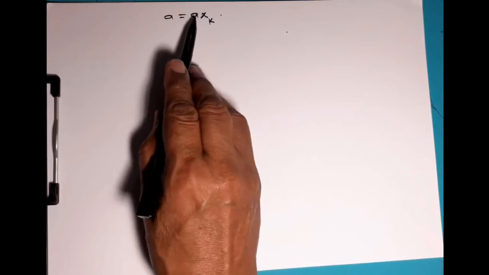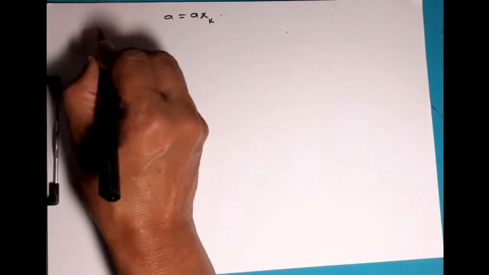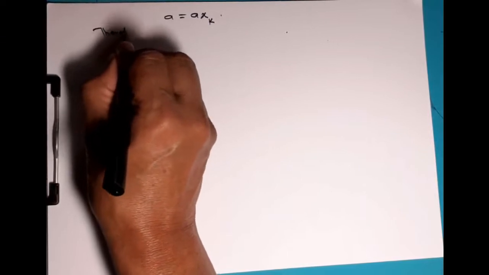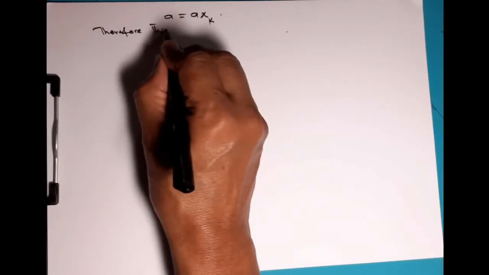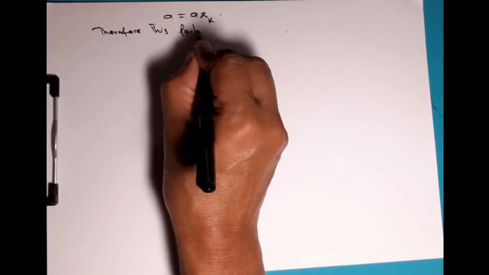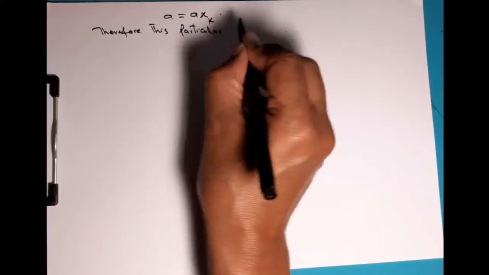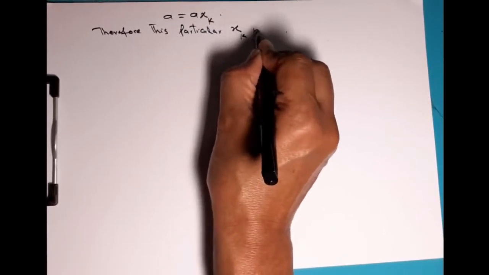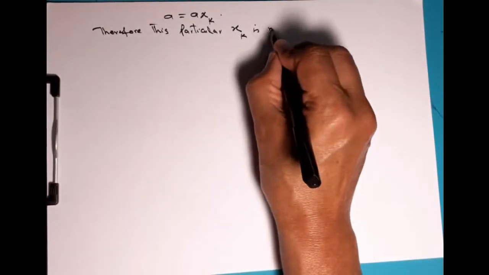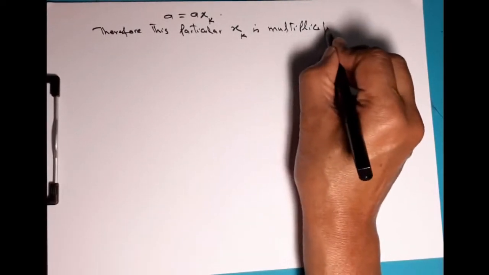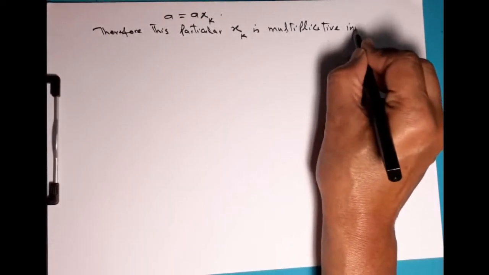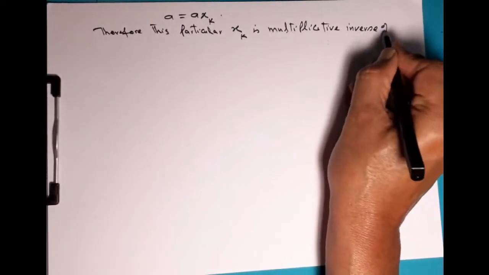And you can easily see that now xk is the multiplicative inverse of a. Therefore, this particular xk is the multiplicative inverse of a.